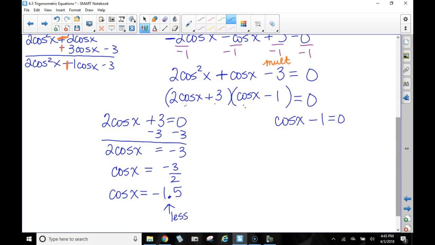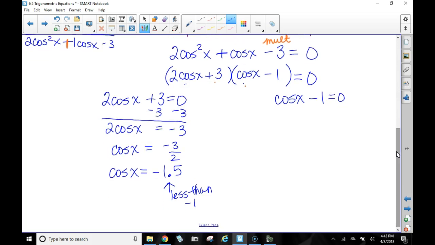Less than negative 1. So the solutions that we can get from here are no solutions, none from that equation. Okay? You could punch in on your calculator inverse cosine of negative 1.5. It'd give you math sass.